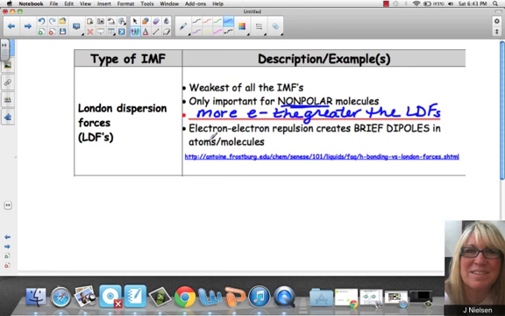And what happens is the electron-electron repulsion creates brief dipoles in atoms or molecules. So first of all, let me give you two examples. The London dispersion forces between I2 would be greater than that of Cl2. Why? Because I2 has more electrons than Cl2. So if there's more electrons, there's more electron-electron repulsion, which creates these brief dipoles.